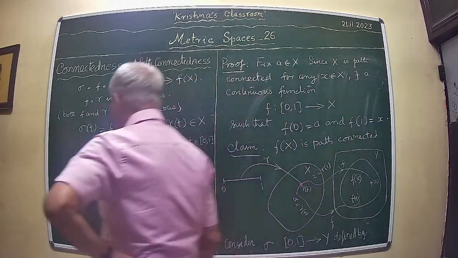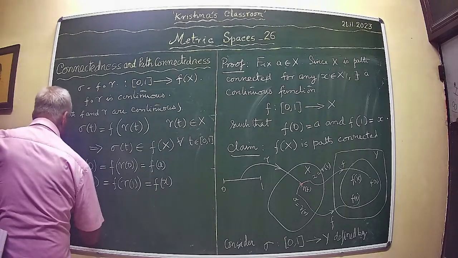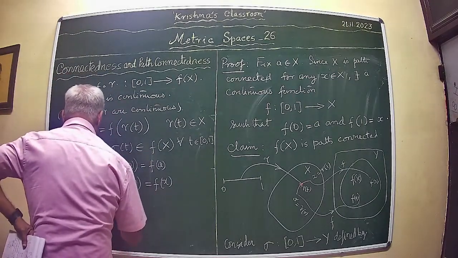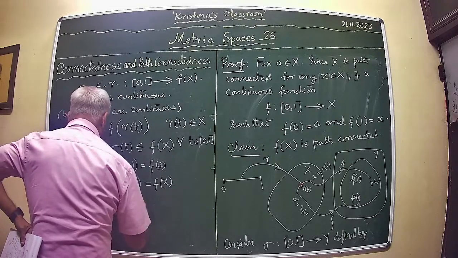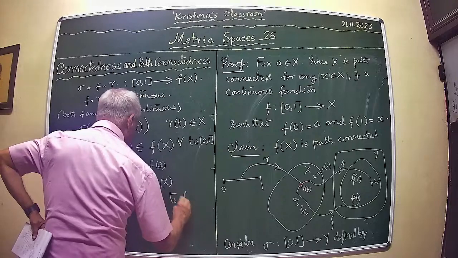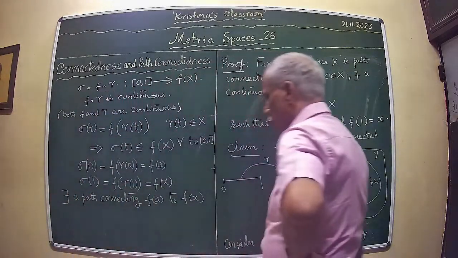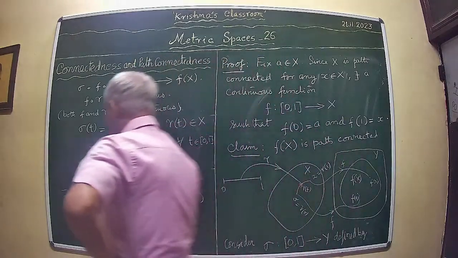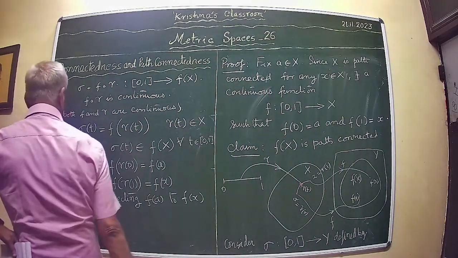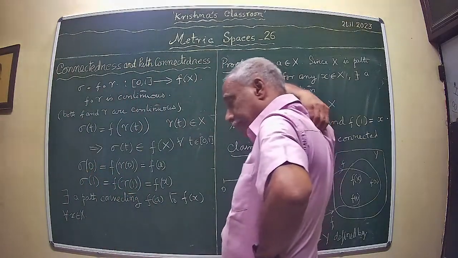So there exists a path connecting f(A) and f(x) for every x. Okay, so we choose as the base point f(A).